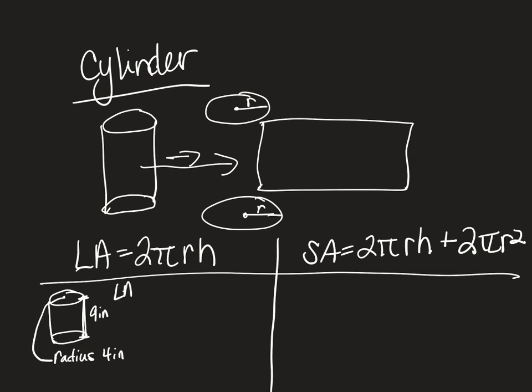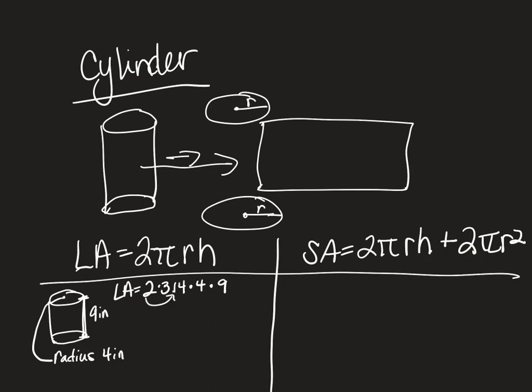So lateral area equals 2 times pi, 3.14, times your radius, which is 4, times your height, which is 9. It's just that great old multiplication world you have to go through, right?